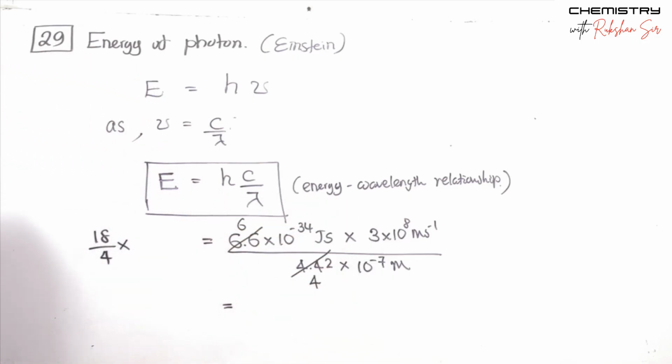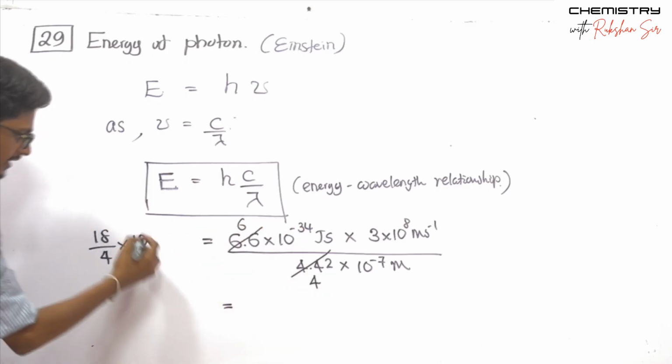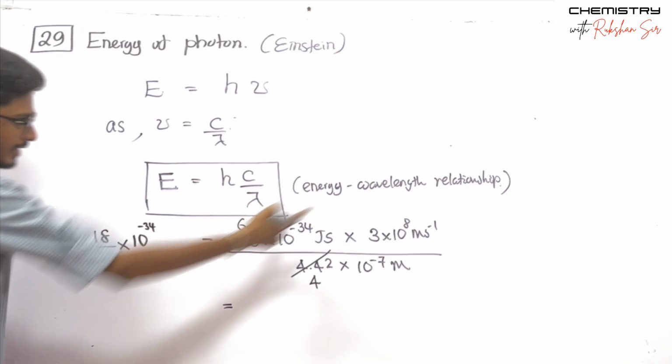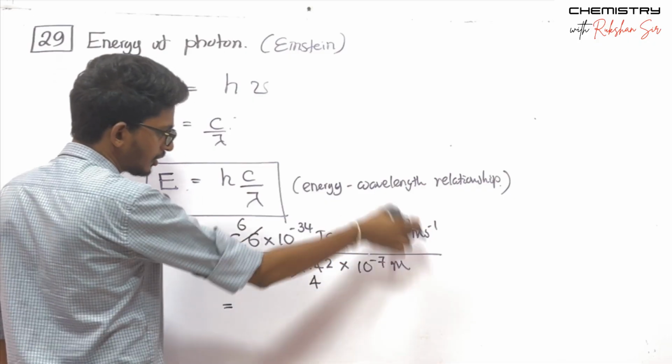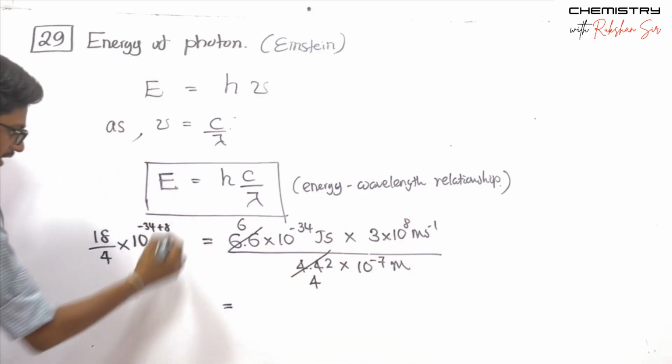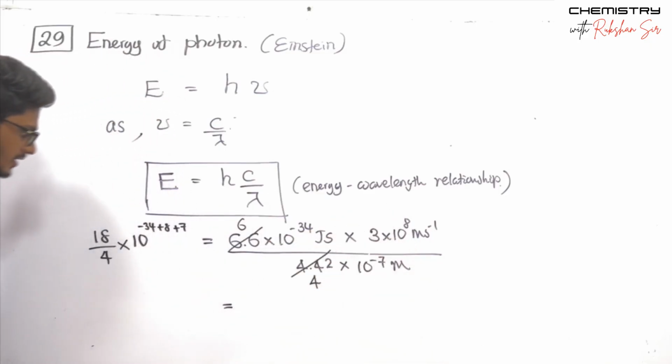And the powers of 10: minus 34 is there, plus 8 is there, and this minus 7 comes to the top as plus 7. So altogether the values: 18 divided by 4 is 4.5.